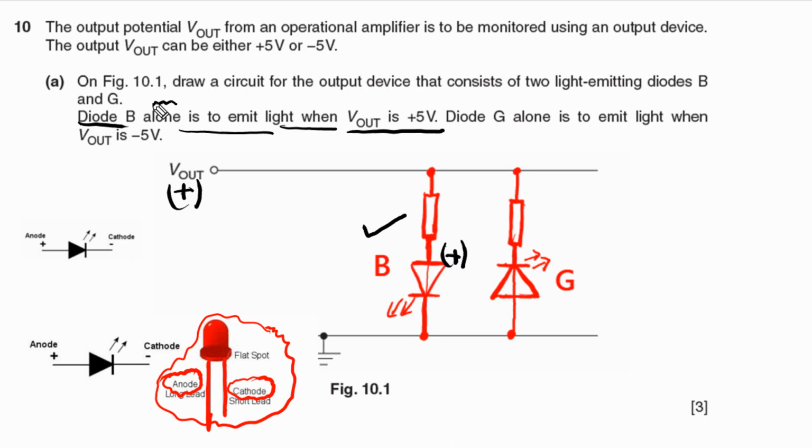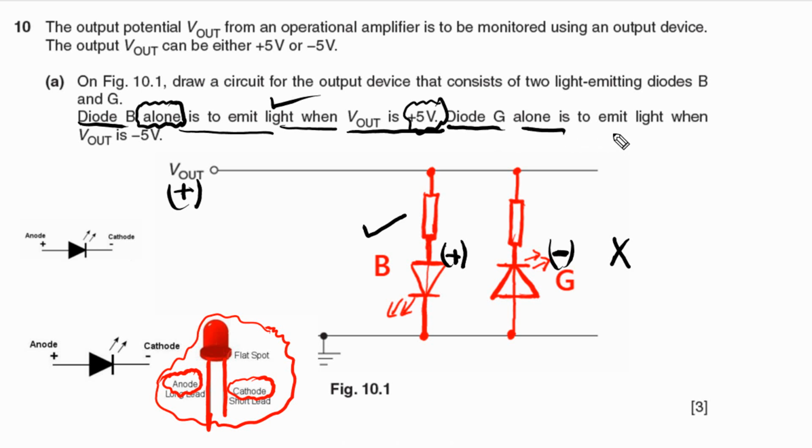It is also given that alone means only B has to be on when V out is positive, and this is true because this end of LED G is negative, so it will not be conducting.